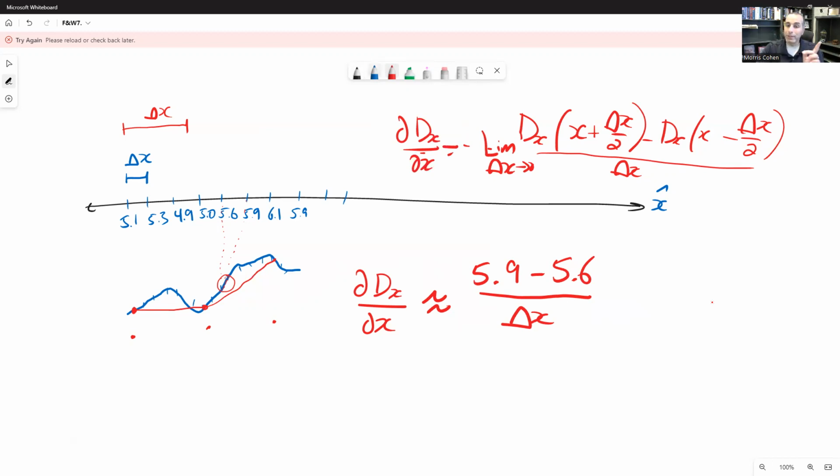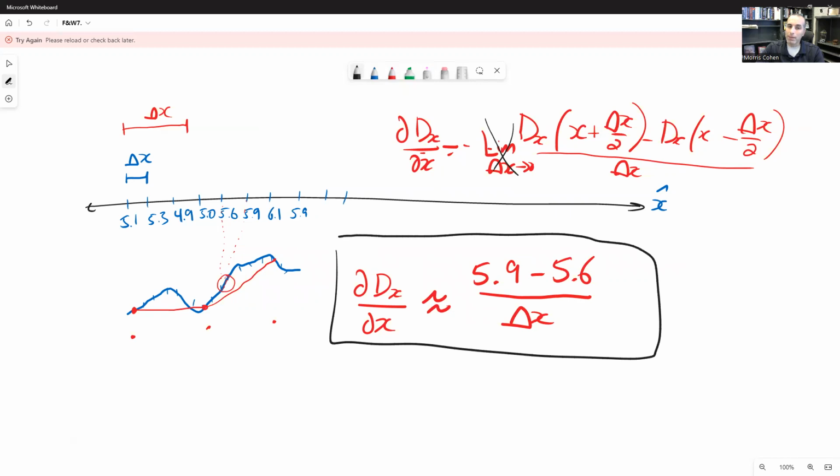So if we take this same thing and just get rid of the limit and make sure delta x is small enough, then what we're really doing is taking the differences of adjacent points and dividing by the separation of those points. That's what we're doing right here. We can approximate the derivative as the difference of two adjacent points divided by delta x.